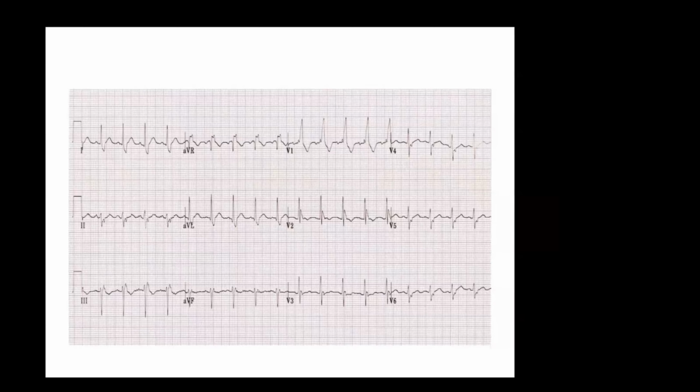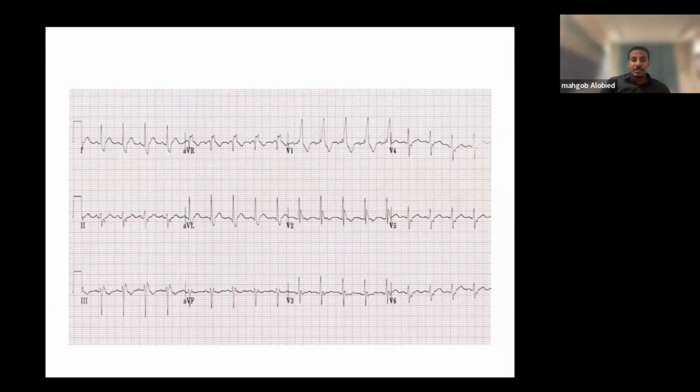And the PR interval, it's not prolonged. I don't think it's prolonged. It's a normal PR interval. The QRS width is widened a bit. And yeah, so I think it's a bifascicular block.